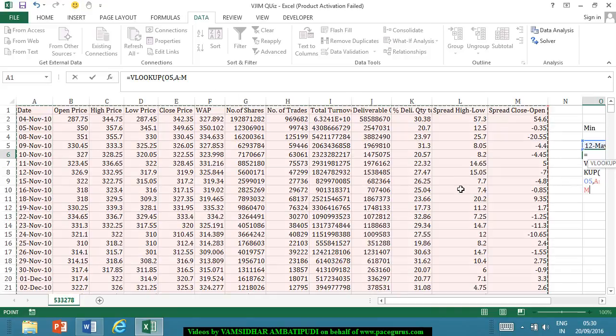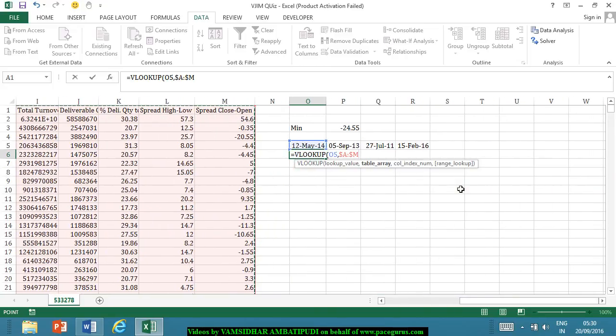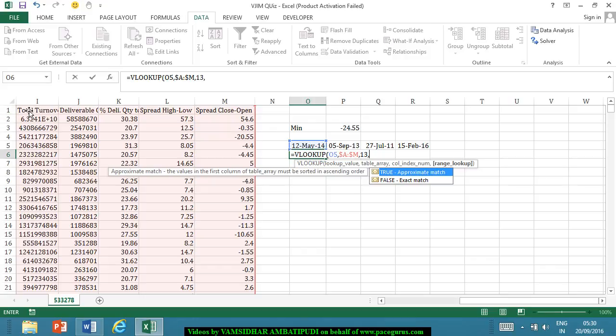I'll put dollars so that this region does not get frozen. So I'm looking up this particular date within this region, and wherever the date is matching, I want this column value to be displayed, the 13th column. It's an exact match.